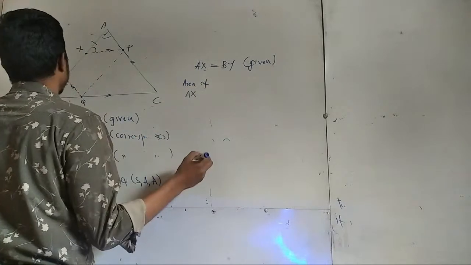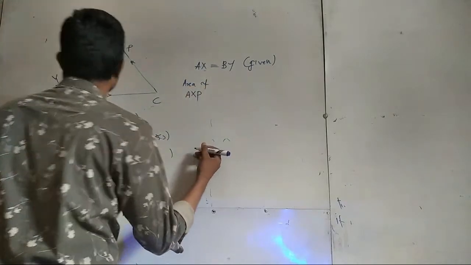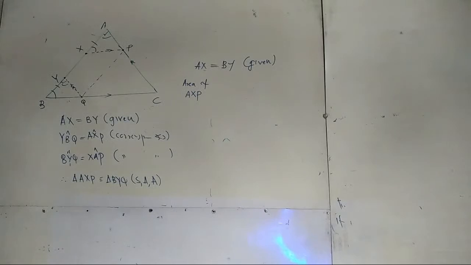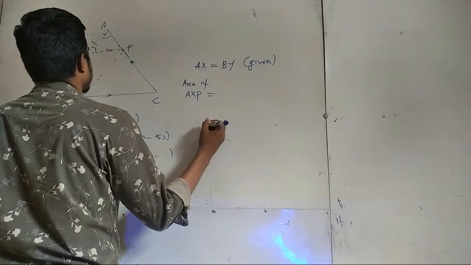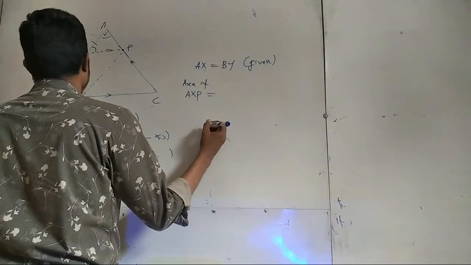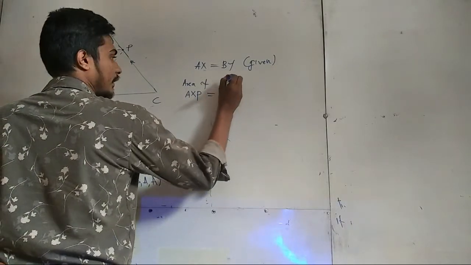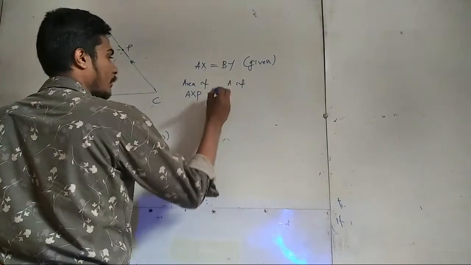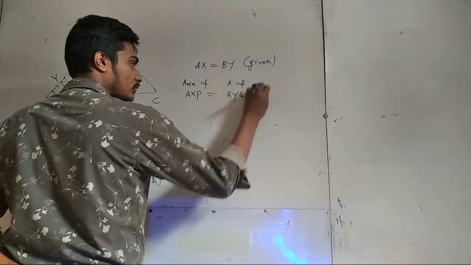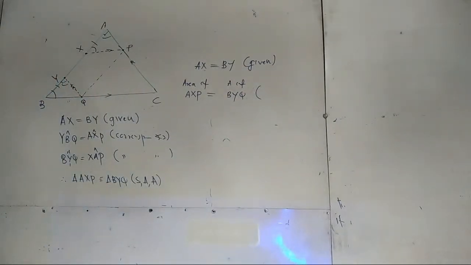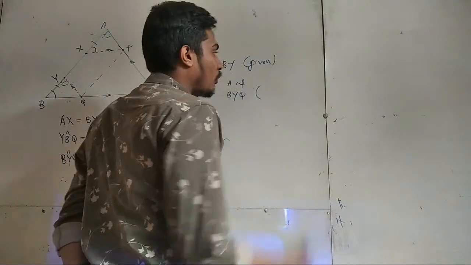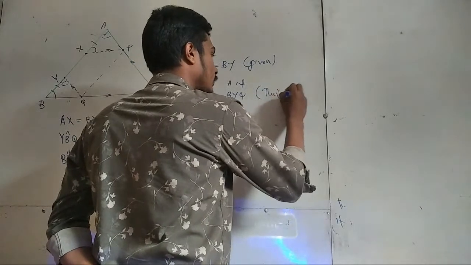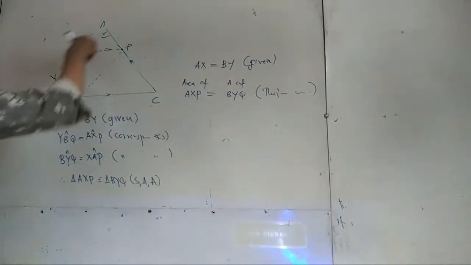Area of AXP equal to area of BYQ, no? Why is that? What is the reason? They are congruent. Therefore, these two areas are equal.